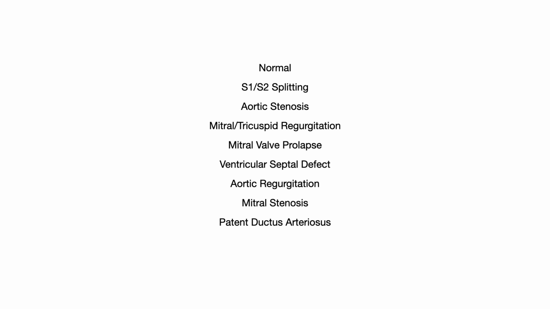Specifically, we'll be talking about S1 and S2. And then we'll go through the actual high-yield murmurs. So we'll talk about aortic stenosis, mitral and tricuspid regurgitation, mitral valve prolapse, ventricular septal defect, aortic regurgitation, mitral stenosis, and a patent ductus arteriosus.